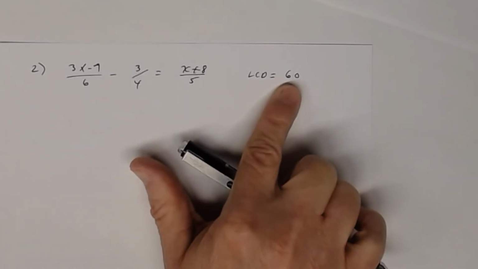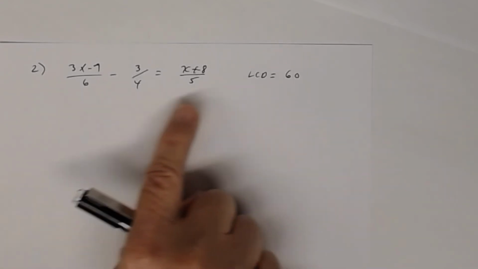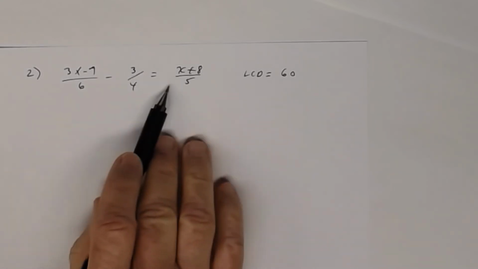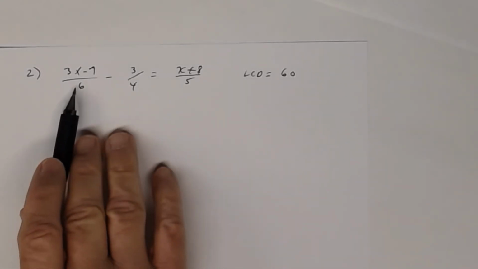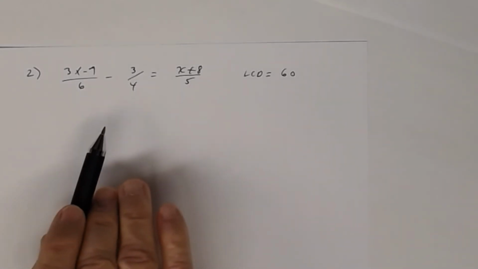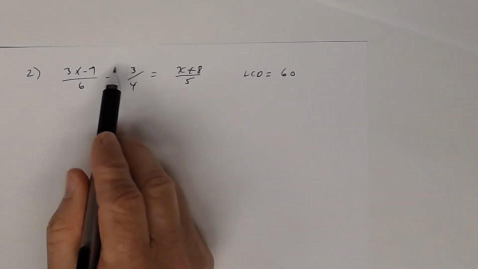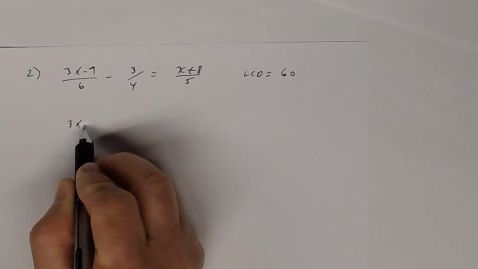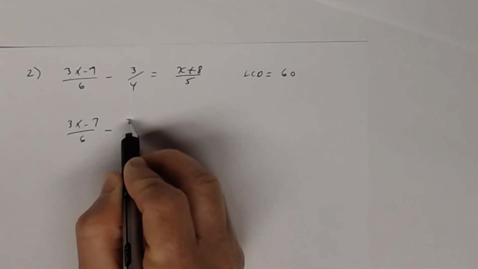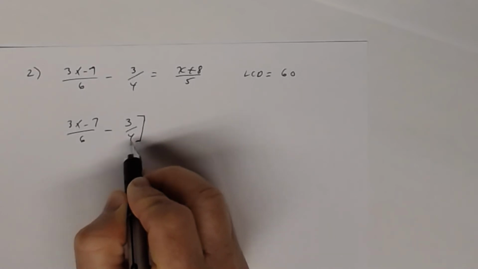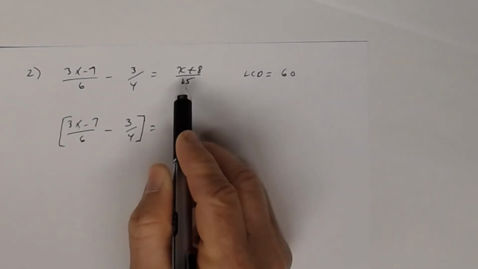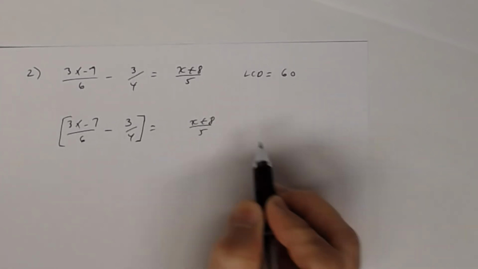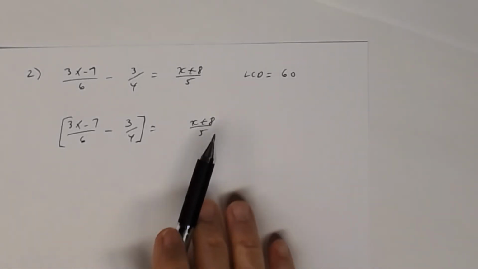Now, once you find the least common denominator, remember you want to multiply both sides by it to get those denominators to be 1s. Since the left-hand side has 2 fractions, we'll put that in brackets: 3x minus 7 divided by 6 minus 3/4, equals x plus 8 divided by 5, without any parentheses since that's just one fraction.